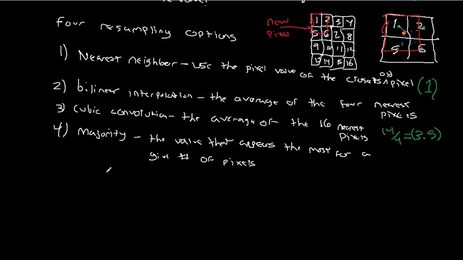So now the question becomes, well, which one do I choose? How do you choose a resampling option?